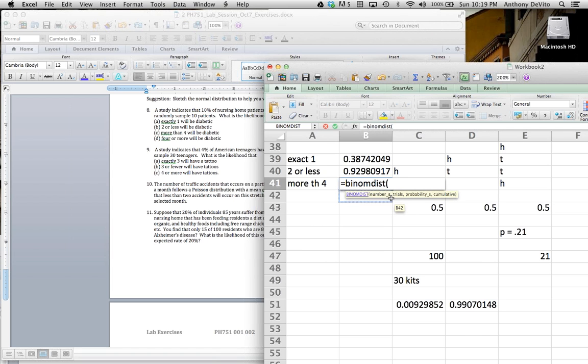Number of successes, I'm going to put 4 in there. Then I'm going to put 10. Then I'm going to put 0.1, just like before. Then I'm going to put true, parentheses. Now, before I hit return, this is going to give me the probability of 4 out of 10, 3 out of 10, 2 out of 10, 1, and so on. It's not going to give probability for 5 out of 10, 6, 7, 8, 9, or 10, right? Everything from 4 down, including 4. So the probability of that occurring is 0.998.